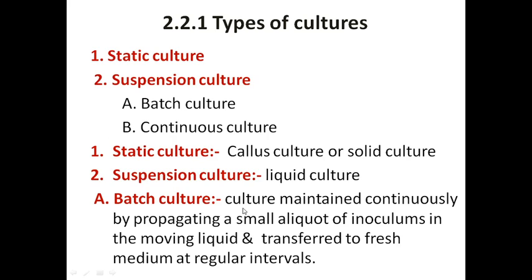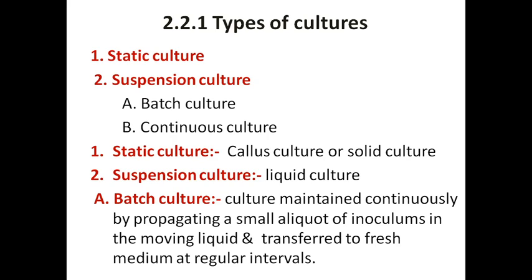This culture is maintained continuously by propagating a small aliquot of inoculum in the moving liquid, transferred to fresh medium at regular intervals. Generally, cell suspension cultures are grown in flasks of 100 to 250 ml volume, containing about 20 to 27 ml of the culture medium.